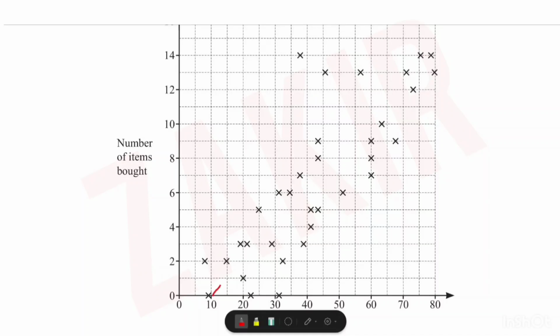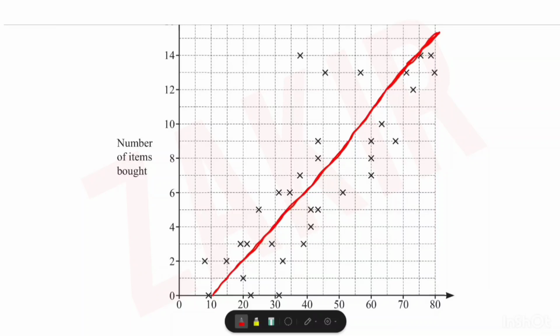Such a line we have to draw around which more points, or more data, are scattered, closer to the line. So you see that this is the line which we can draw. More data looks closer to this, okay. So this is the suitable line. So this is the question.